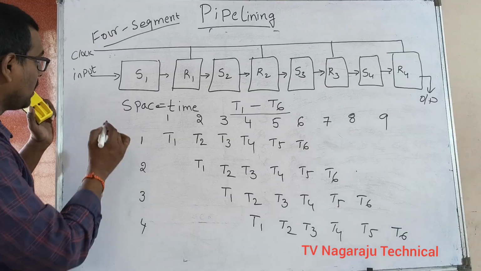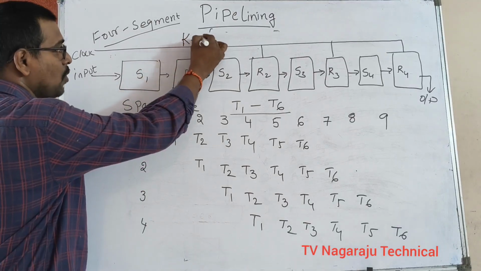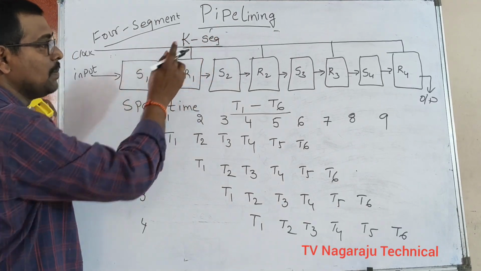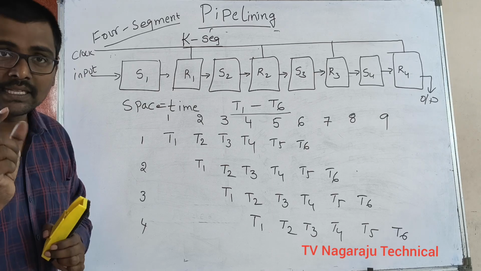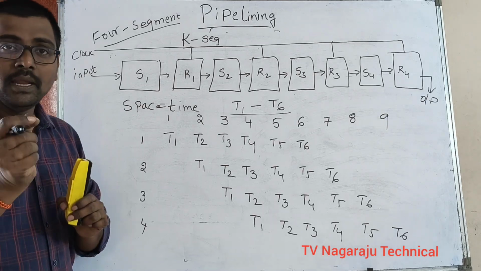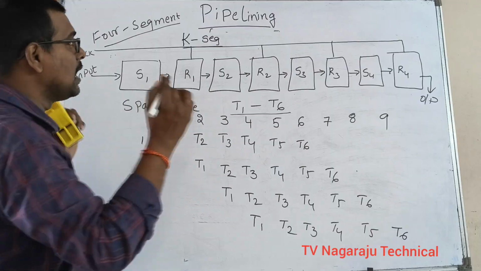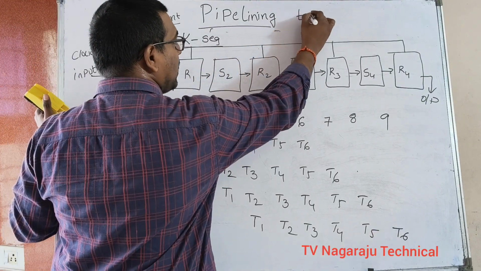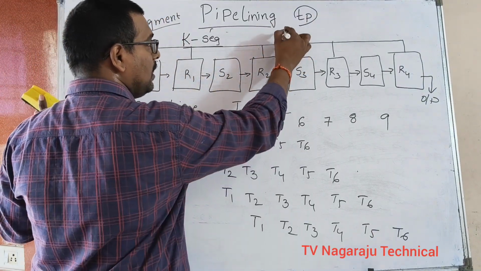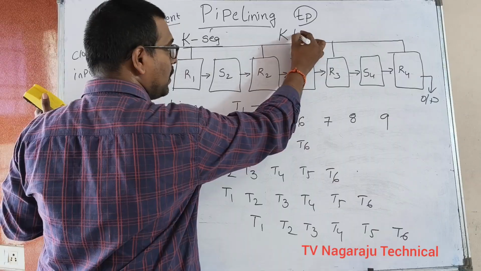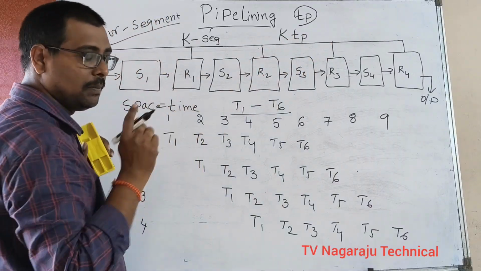So we form a relation. Assume you are taking a k segment pipeline. How many clock cycles are required for the completion of the first task? Assume Tp is the time for 1 clock cycle. The first task is completed by k into Tp.